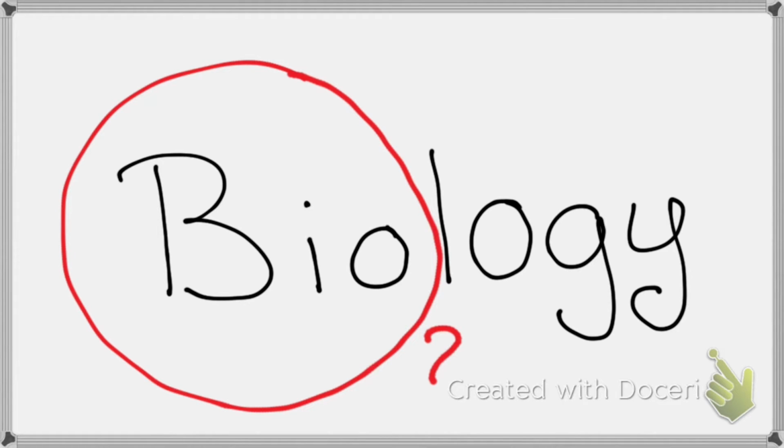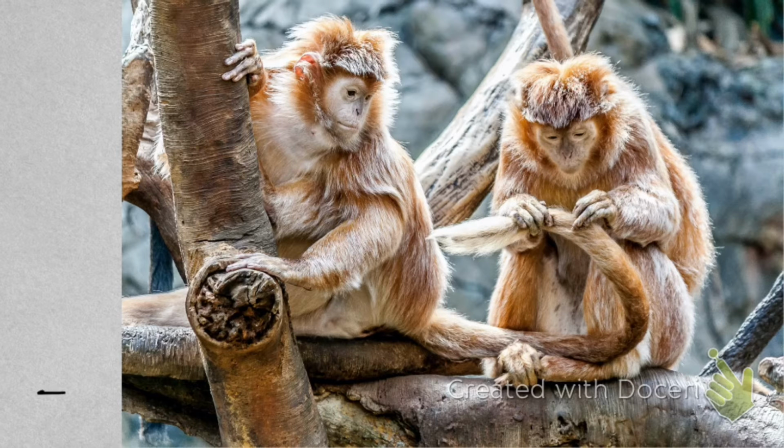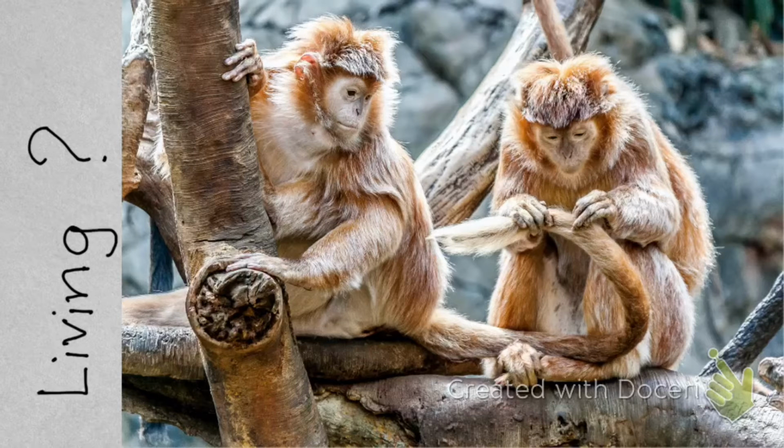So how do you do this? How do we identify these organisms? For that we use a set of characteristics. So using these characteristics we can identify what are living and what are non-living. So we'll see what these characteristics are.